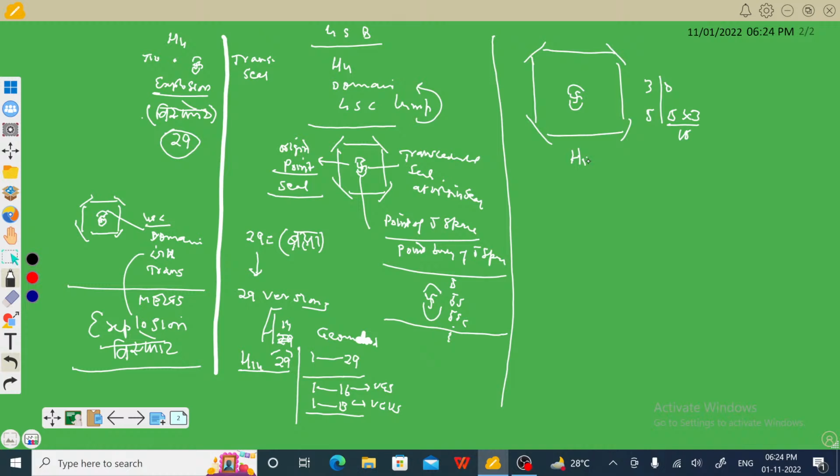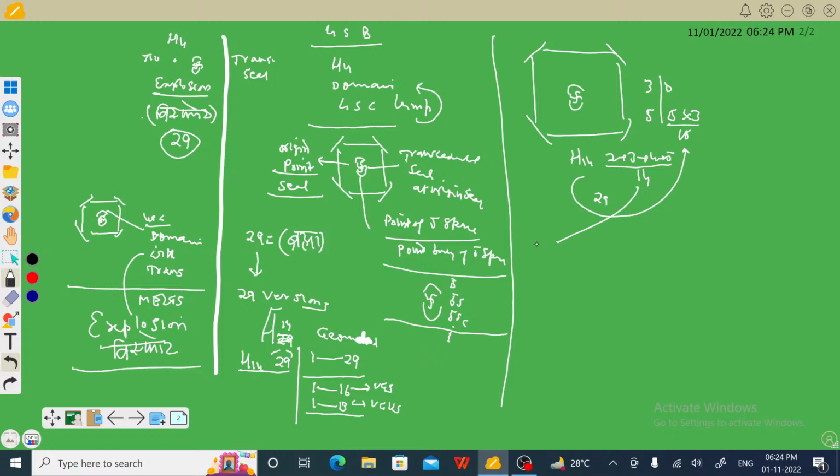Hypercube 14 itself is of values 2 plus 3 plus 4 plus 5. This summation value is 14. This together with value 15 makes it 29.